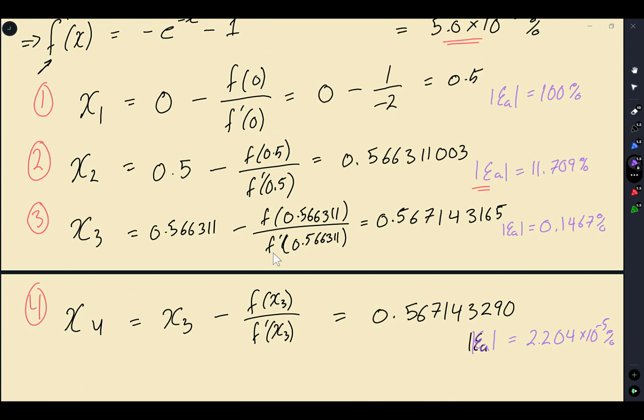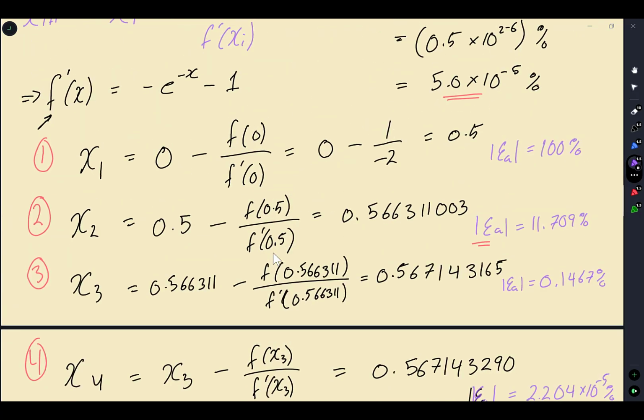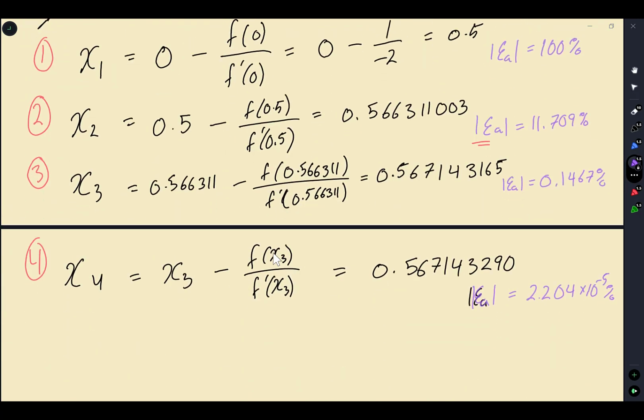Yes, it is. This is 5 times 10 to the negative 5, and this is 2.2 times 10 to the negative 5. Therefore, we have reached our goal of the absolute percent relative error being less than the tolerance.